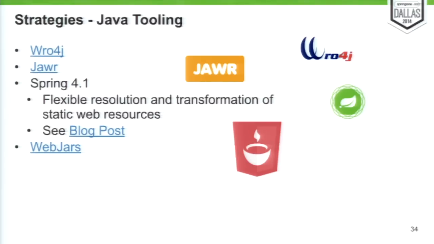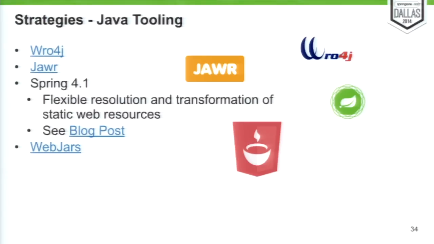Spring, as mentioned in numerous talks here at SpringOne, provides support for those things as well, so at least the building blocks are there. It would be nice to see Wro4j support wrapped into Spring, or more comprehensive support in that direction.